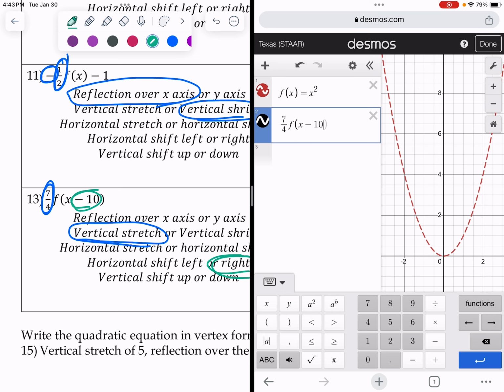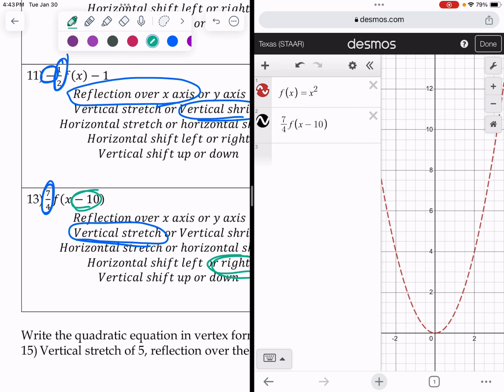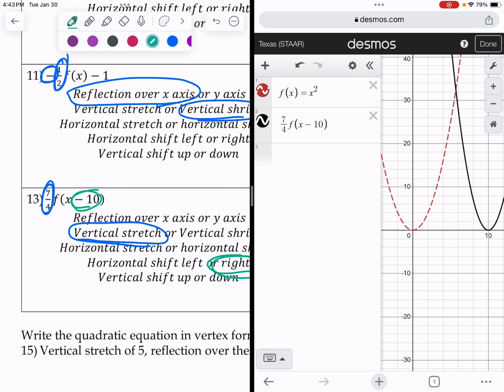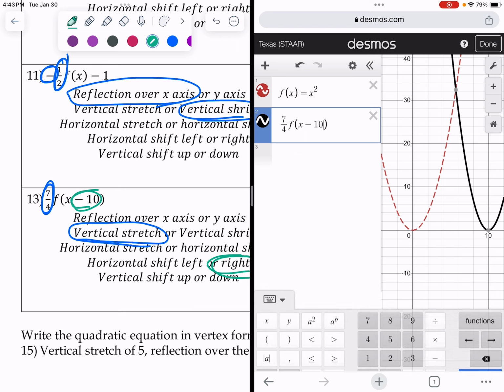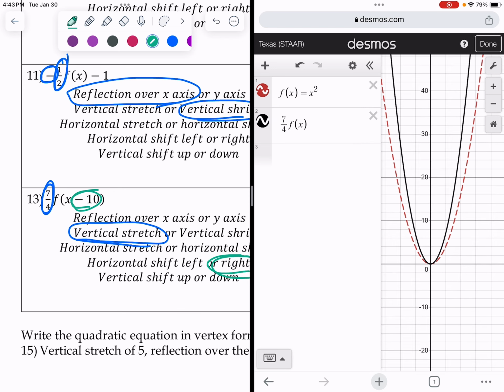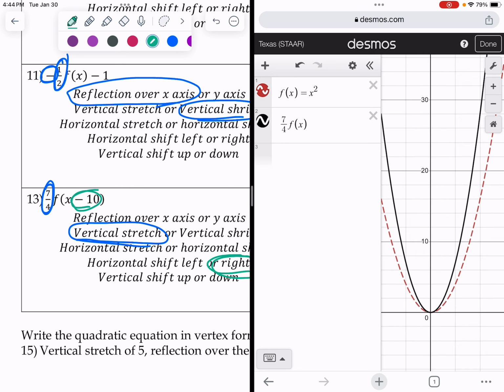Make sure you're typing it just like it looks. And so I can see that it's moved right 10 units. Okay, and so if I delete the right 10, I can compare that and see that the black is narrower. So because it's narrower, that means I'm stretching that rubber band. I'm vertically stretching that rubber band to make it narrower.